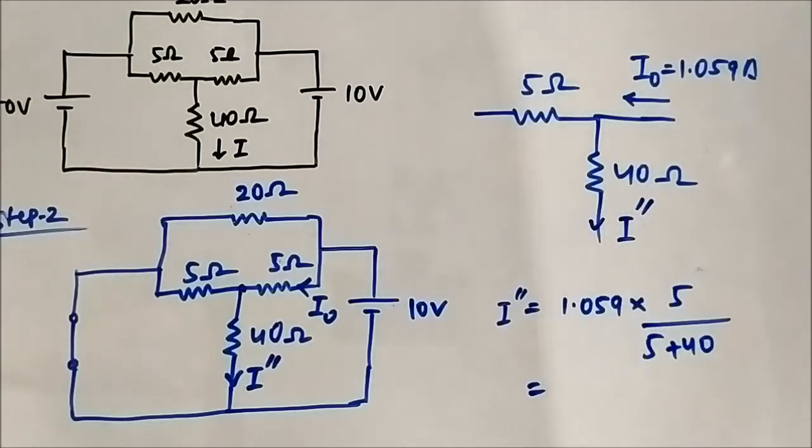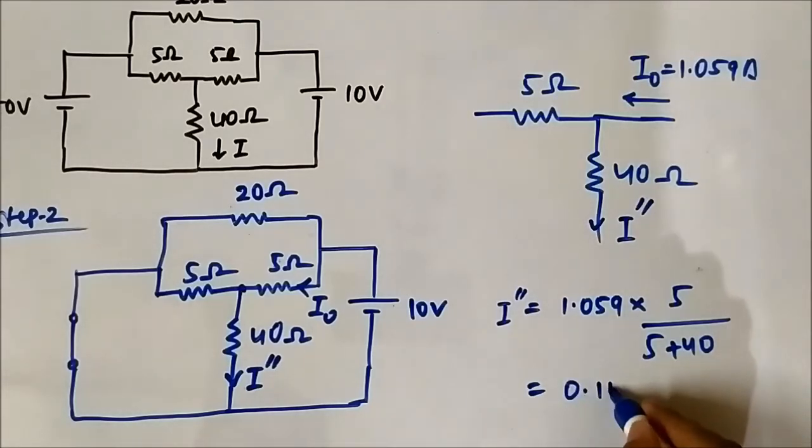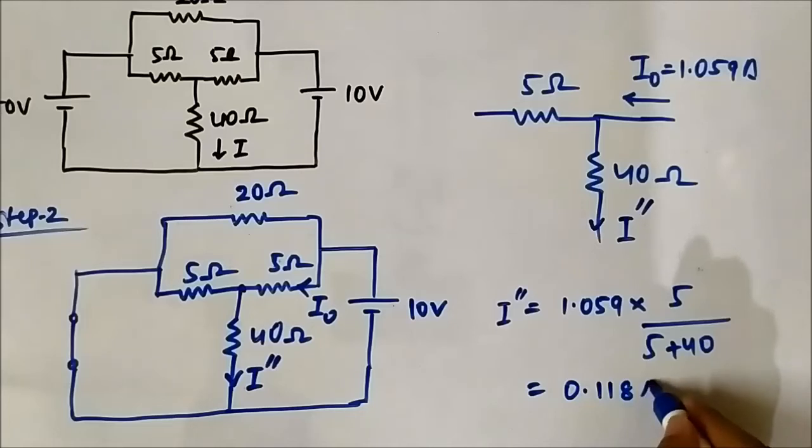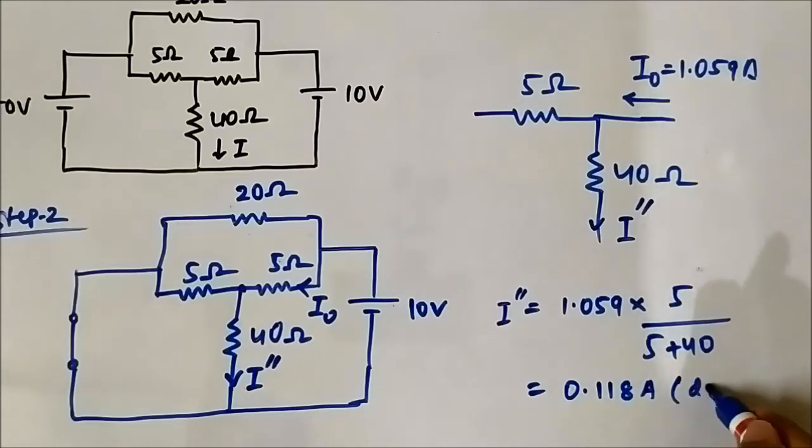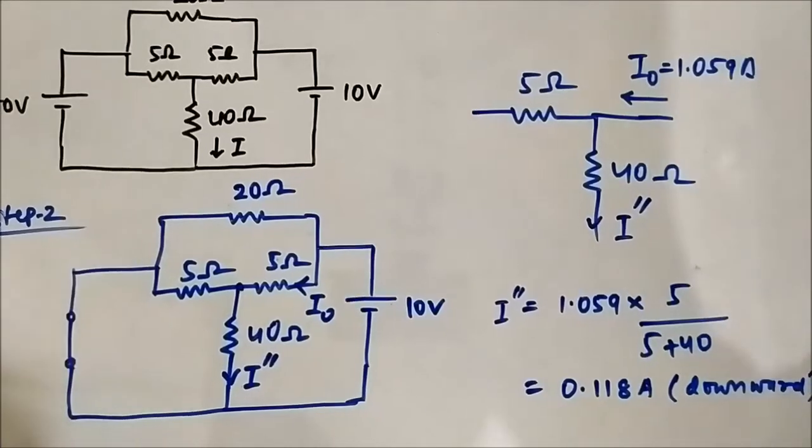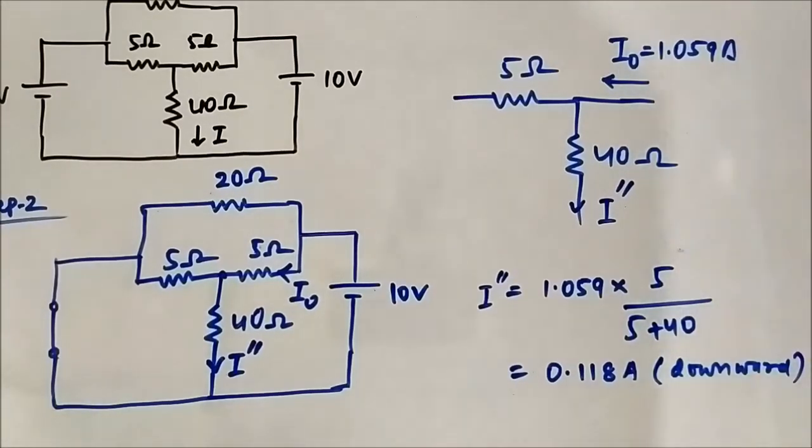So let us calculate it. It will be 5 into 1.059 divided by 45, 0.1176, or let us call it 0.118 ampere downwards. The direction of the current is very important. This is downward.